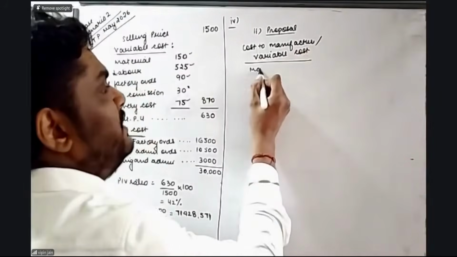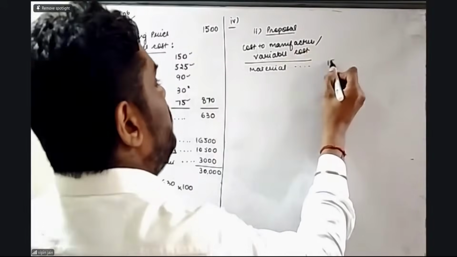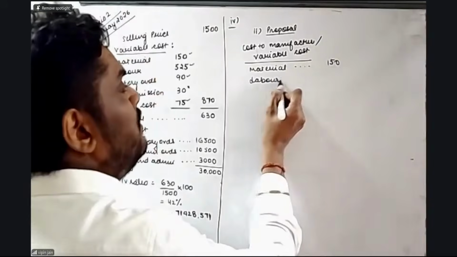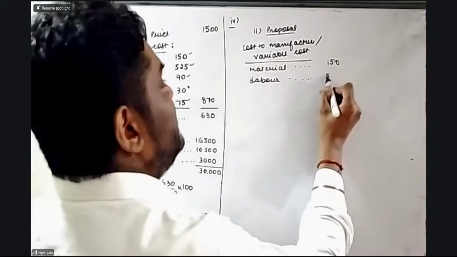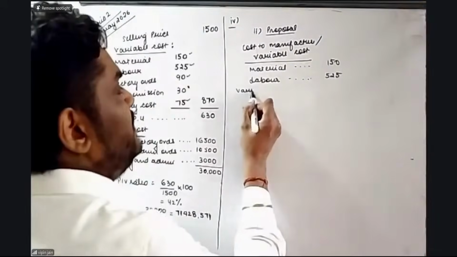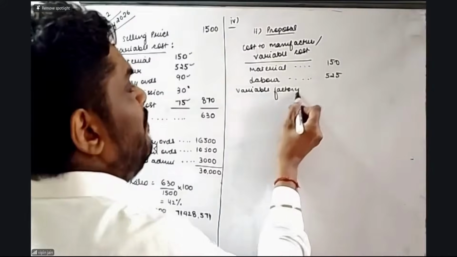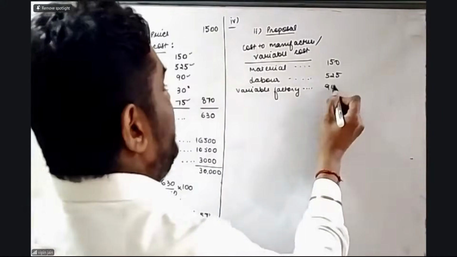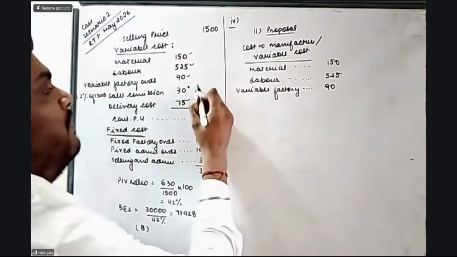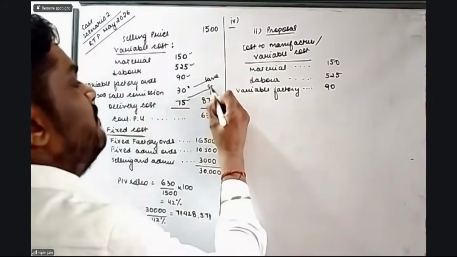There will be no change in material cost. It will remain the same. There will be no change in labor cost. It will remain the same. There will be no change in variable factory overhead. It will be the same. Sales commission we will save. Delivery cost we will save.